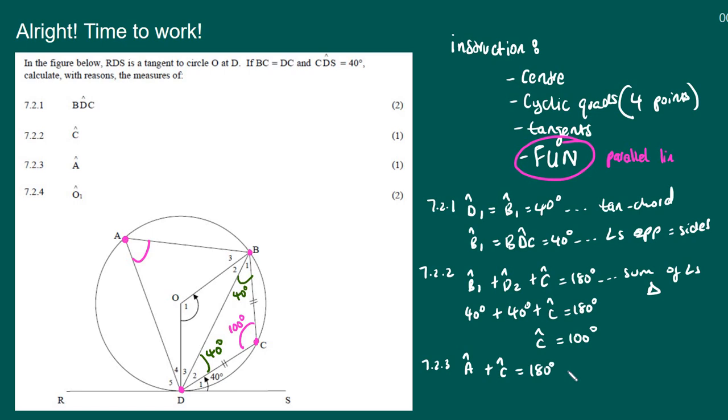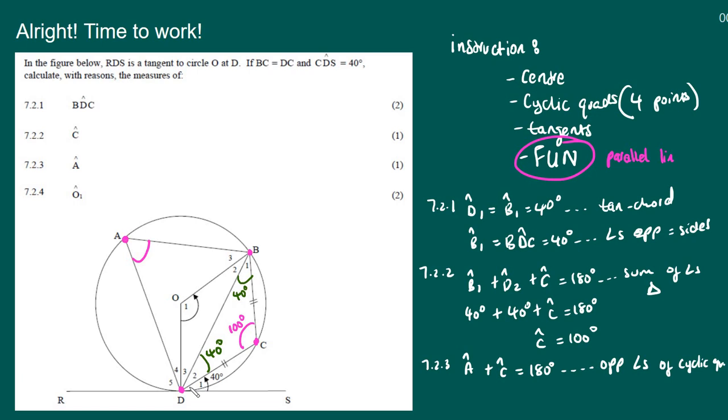What is your reason? Opposite angles of a cyclic quad. You can see that A, B, C, D, we did say because it's 4 points on a circumference, it means it's a cyclic quad.